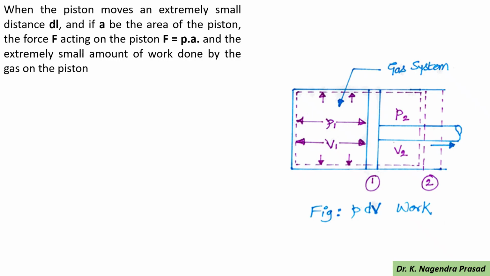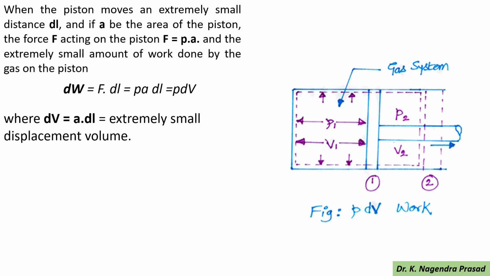The extremely small amount of work done by the gas on the piston is dW equal to force into distance, F dl. Since F equals PA, dW becomes P A dl. We know that A dl is the volume change, so dW equals P dV, where dV equals A dl, the extremely small displacement of volume.